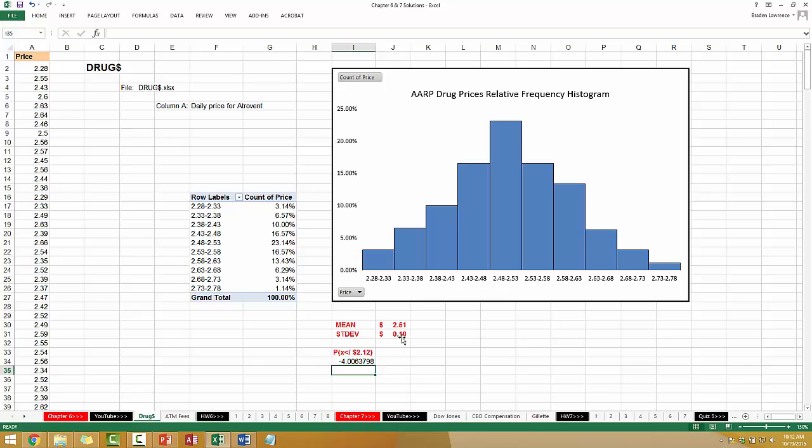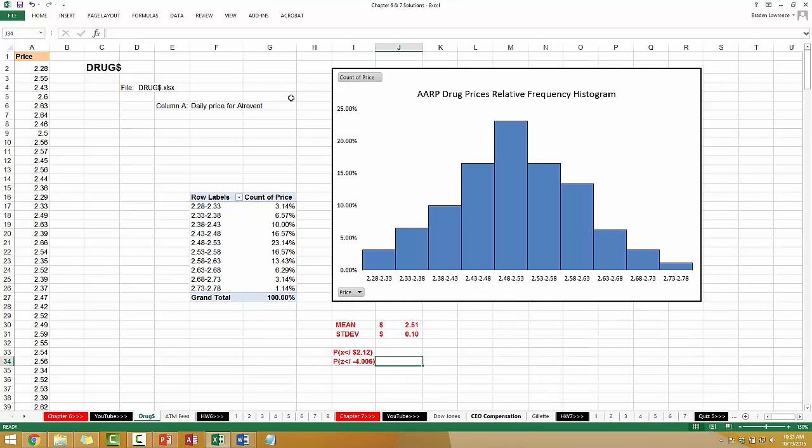So we can rewrite that by saying we want to find the probability of z being less than or equal to -4.006. So we can find the probability using the NORM.DIST function of z less than or equal to -4.